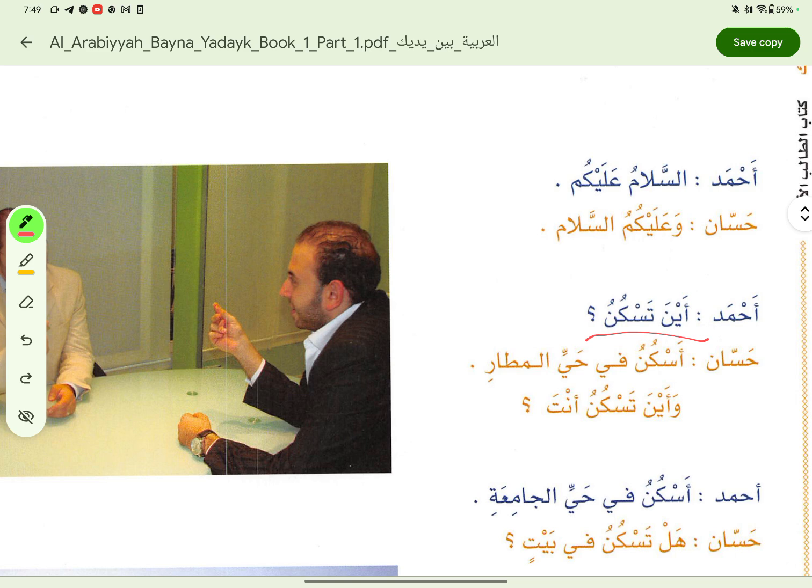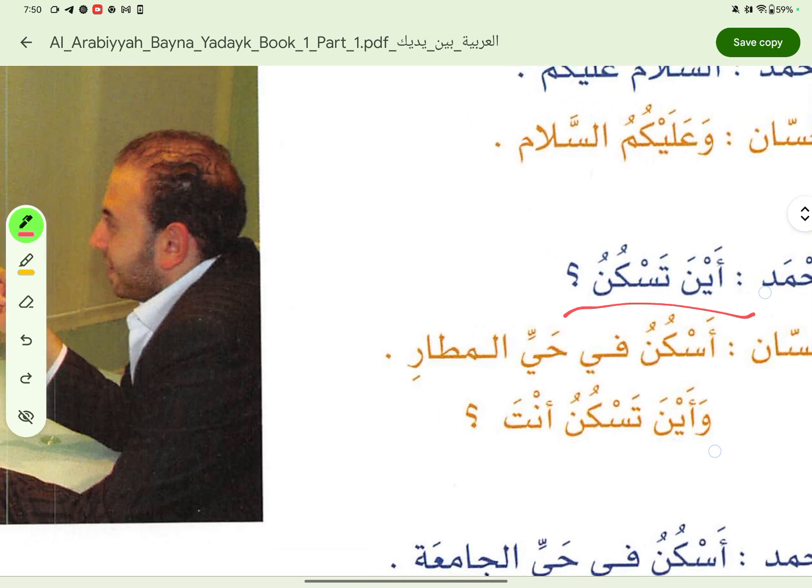So we have teskunu. Aina teskunu, right? Teskunu comes from the word sakan, sakana, which means to reside. So where do you reside? Aina teskunu. And notice that we have the ta in the front here.